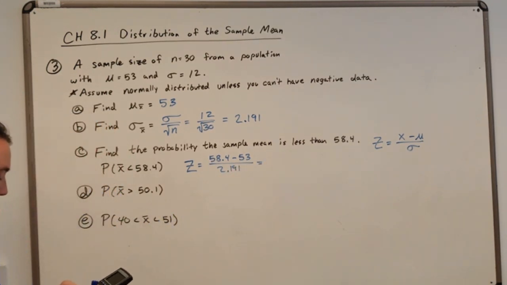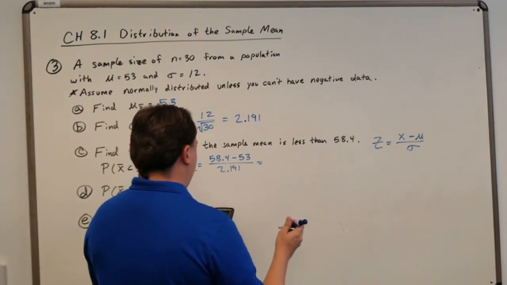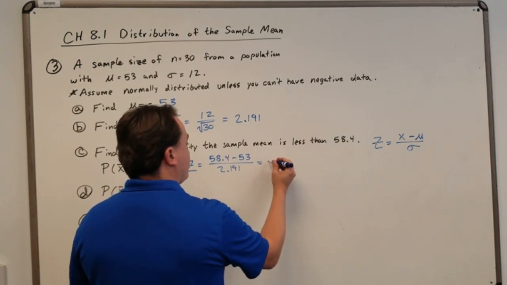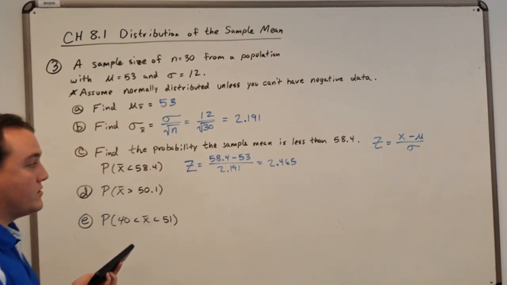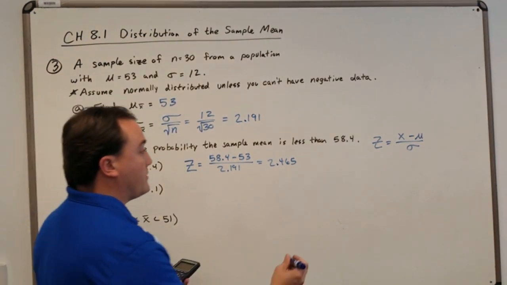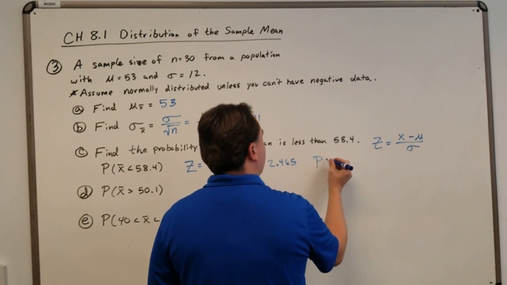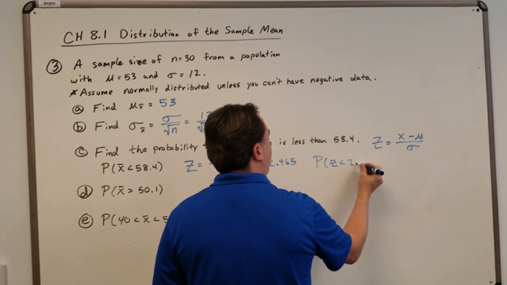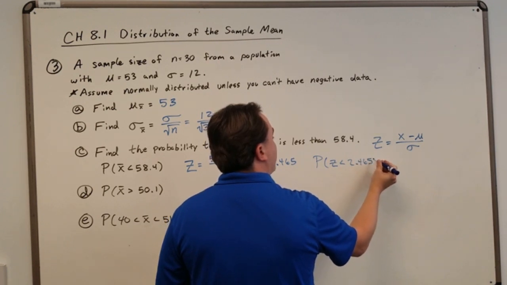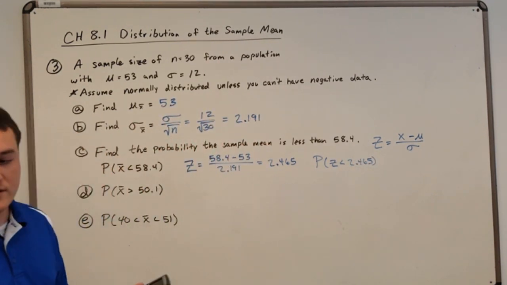So we have 2.465. It's not our answer yet. We still need the probability that z is less than 2.465, which comes from our table.